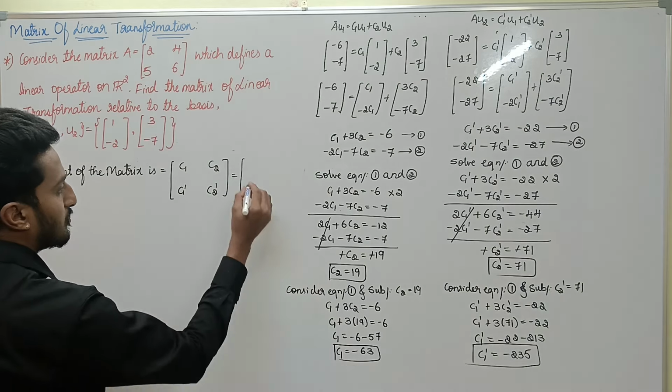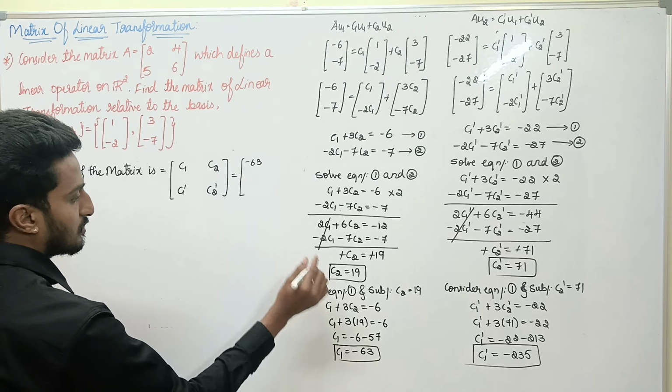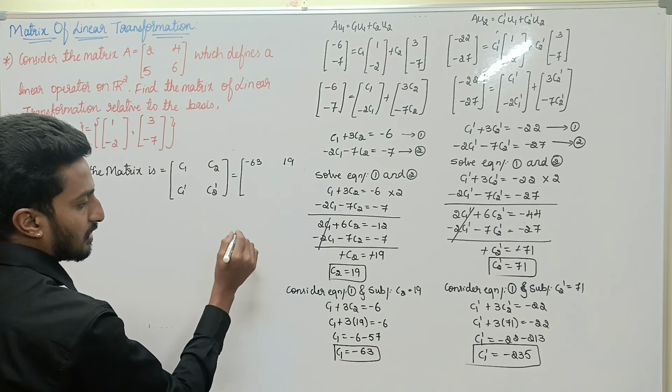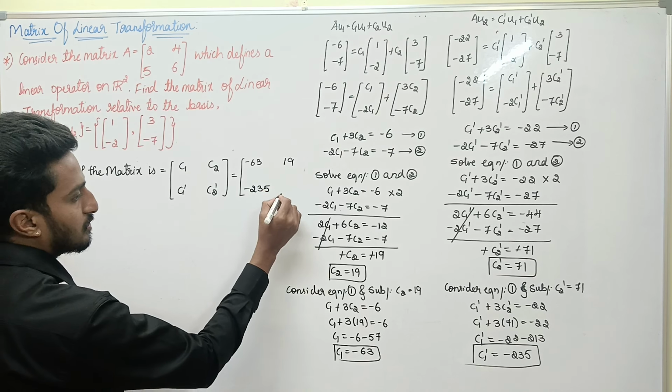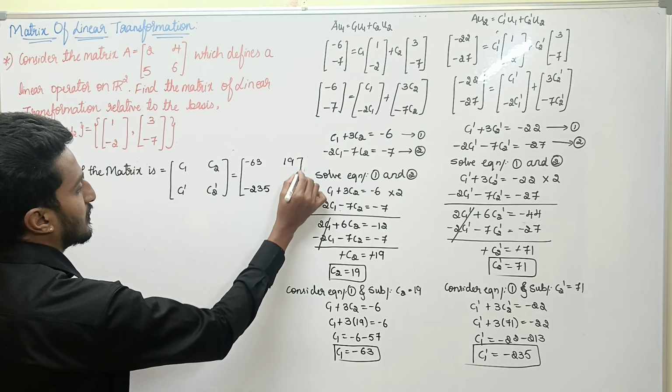We have minus 63. What is C2? We have 19. Next, what is C1 dash? We have minus 235, and C2 dash we have 71.